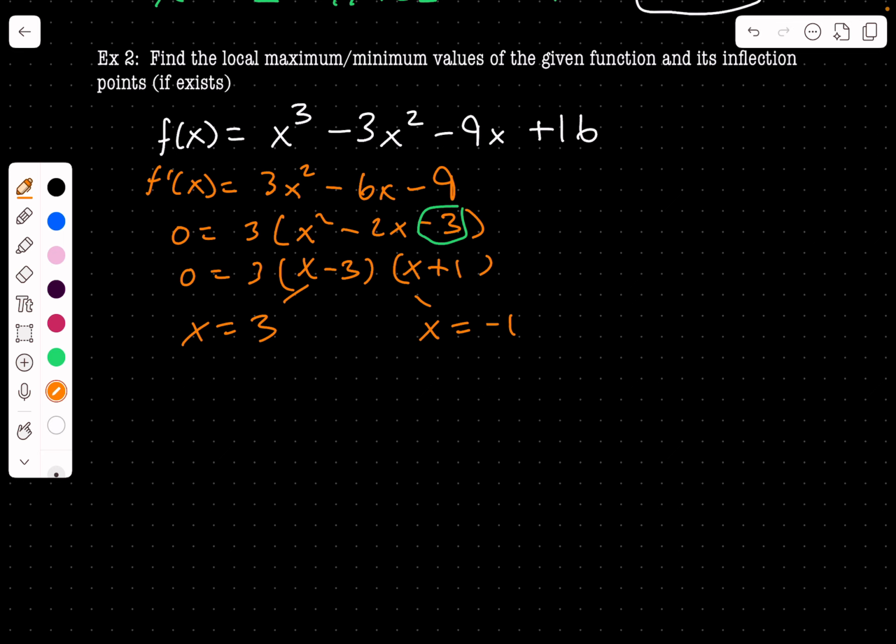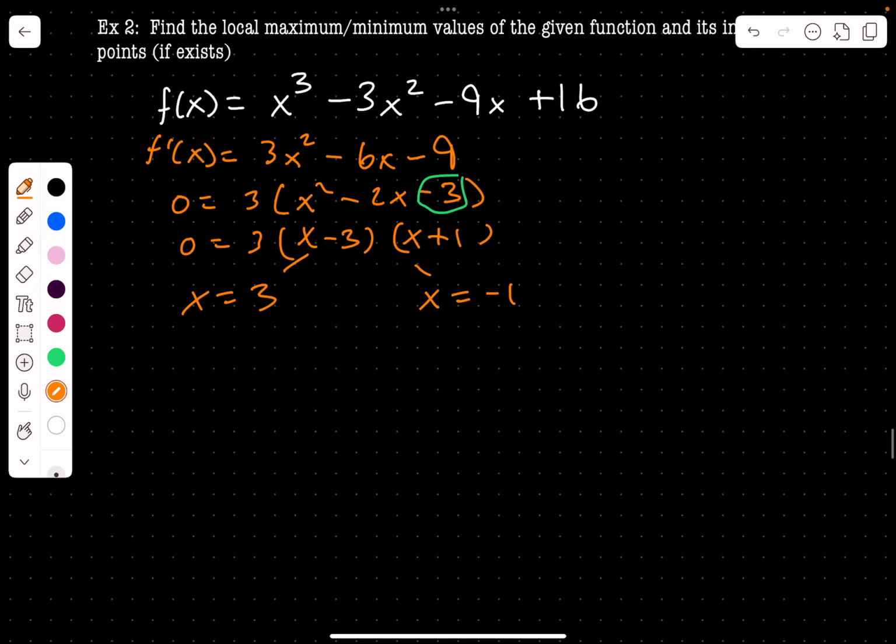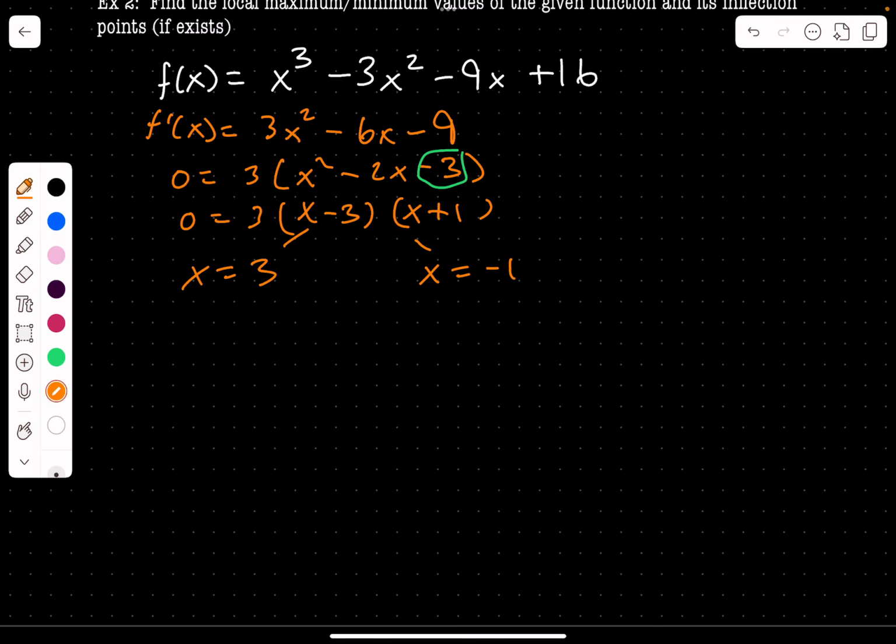Now, we must plug our critical numbers into our second derivative to see what it spits out and determine its concavity, which once more will give us our min and our max. Let's do this right now. So f double prime of x is going to be 6x minus 6. That's pretty easy to work with, right?